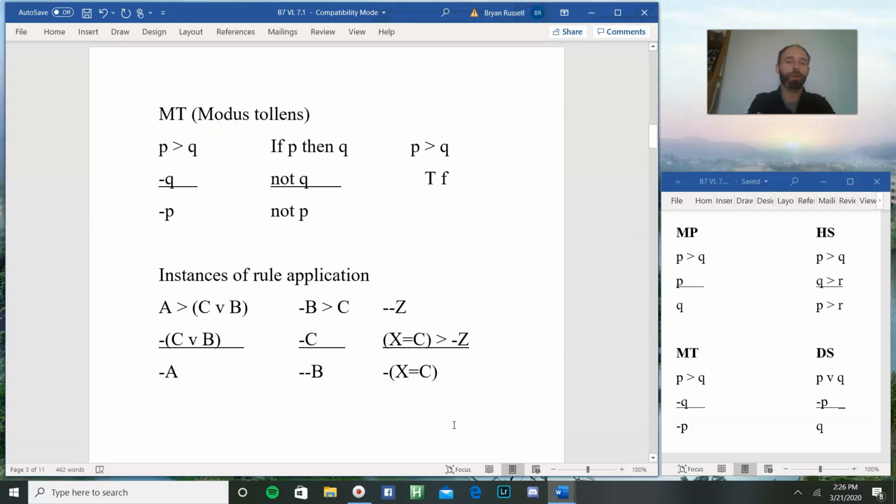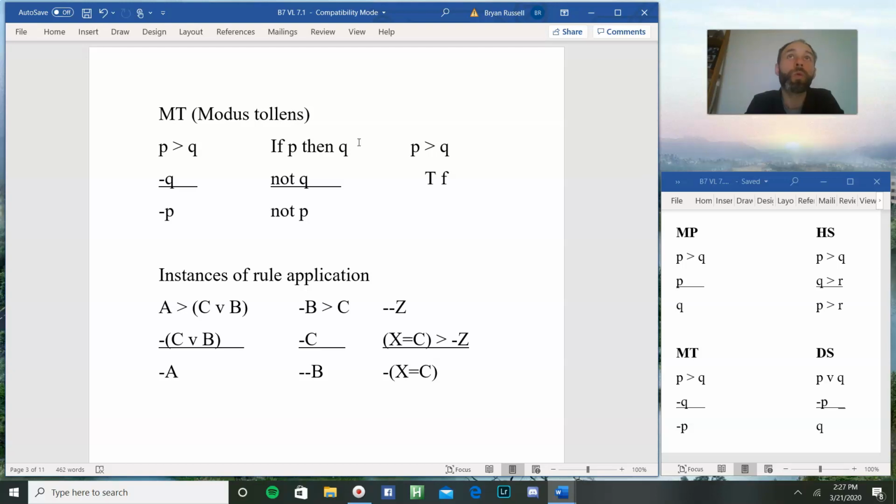The second rule that we're given is modus tollens, and that's MT, and you'll just know it as MT. MT tells us, again, if we're given a conditional statement, so P horseshoe Q, and if we're given that the consequent is false, so tilde Q, then we can derive that the antecedent must also be false, so tilde P. To put that in more regular language, if we know that if P then Q, and we know not Q, then we also know not P.